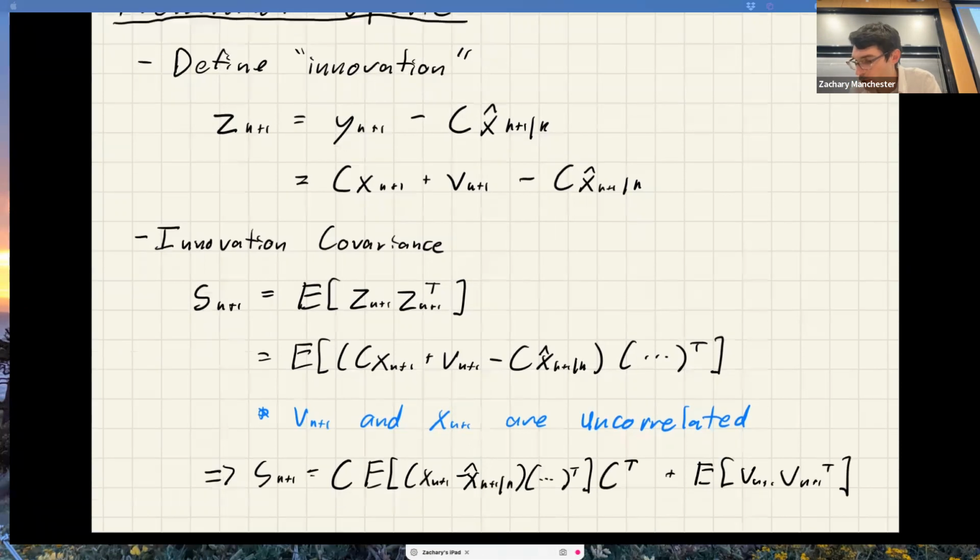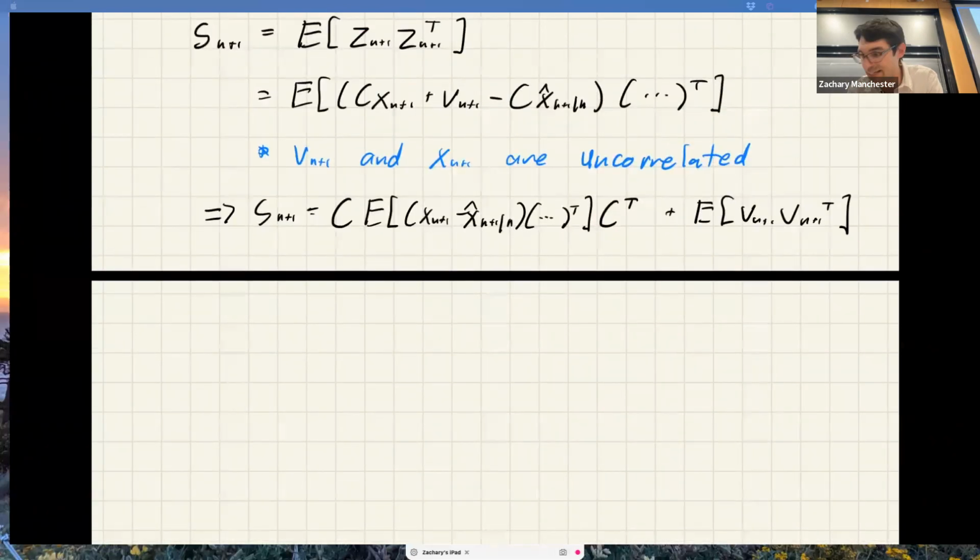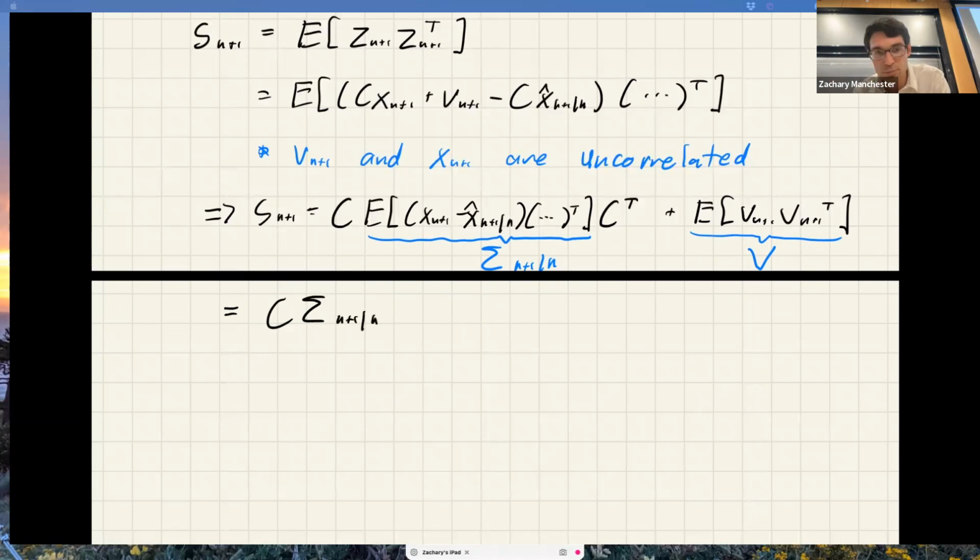If we look at that and recognize what these things are, the first term is just the predicted covariance mapped through the measurement model, sigma K plus 1 given K. And the second term is just the measurement noise covariance, big V. To summarize, this innovation covariance is just this matrix sandwich with the state covariance mapped through the measurement model, plus the measurement noise, which is what you'd expect.